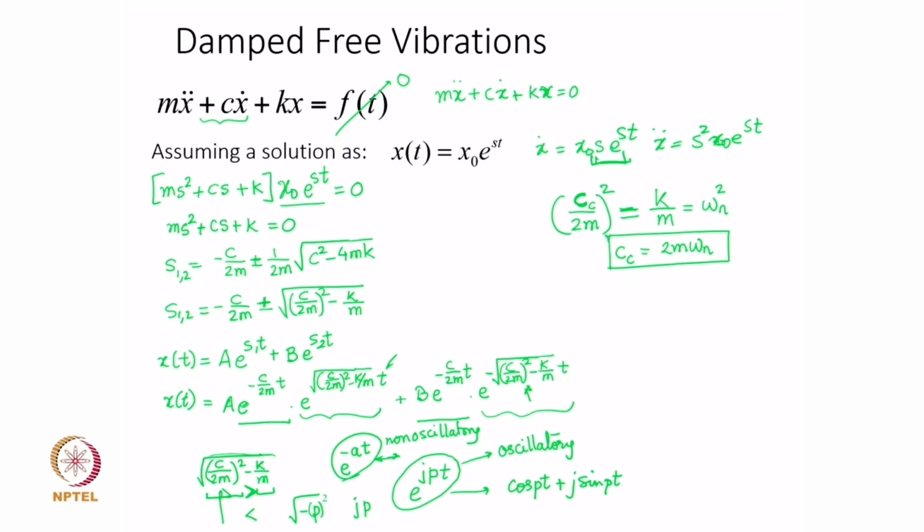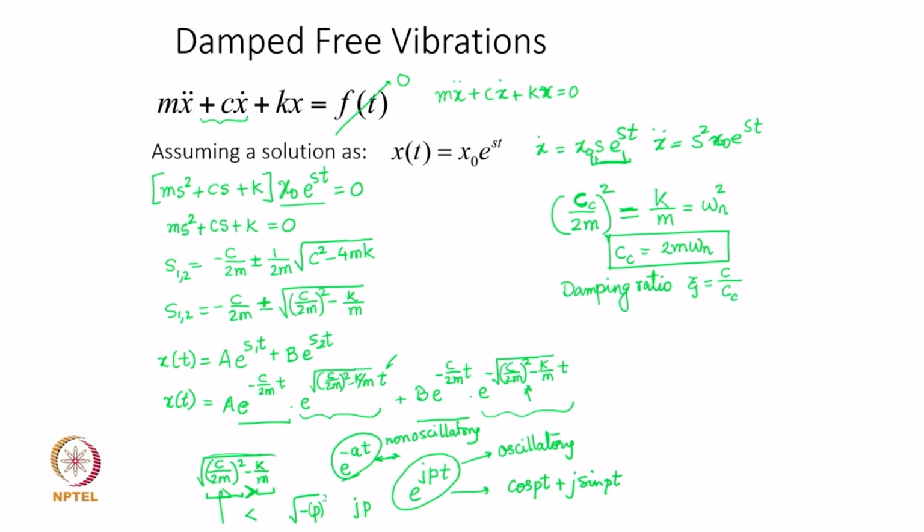And that critical damping coefficient has its own units, just like the damping coefficient has its own unit. So, it makes more sense to introduce a term called the damping ratio, mostly denoted by zeta as C over Cc.